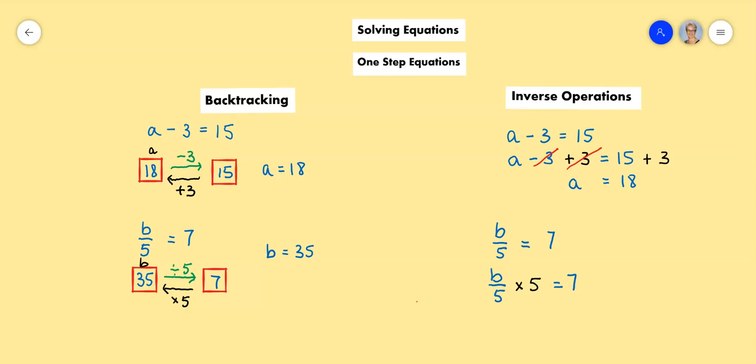So, we're going to say 7 times 5. Now, divided by 5 and times 5 will cancel each other out. So we are left with b is equal to 35. The same answer.